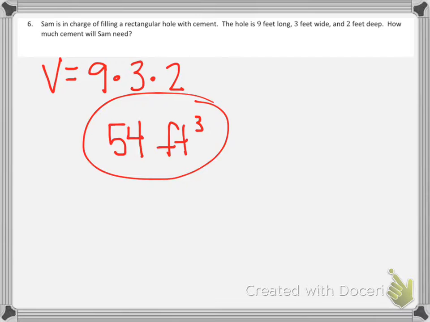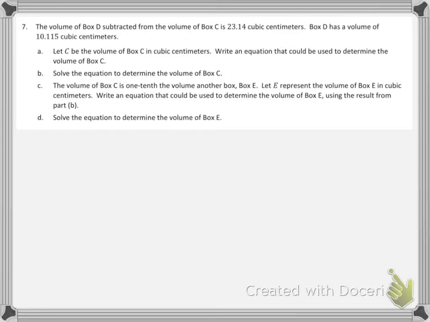All right, and lastly, number 7, the volume of box D subtracted from the volume of box C is 23.14 cubic centimeters. Box D has a volume of 10.115 cubic centimeters. So when we subtract the two volumes, we've got to find the difference to be this.